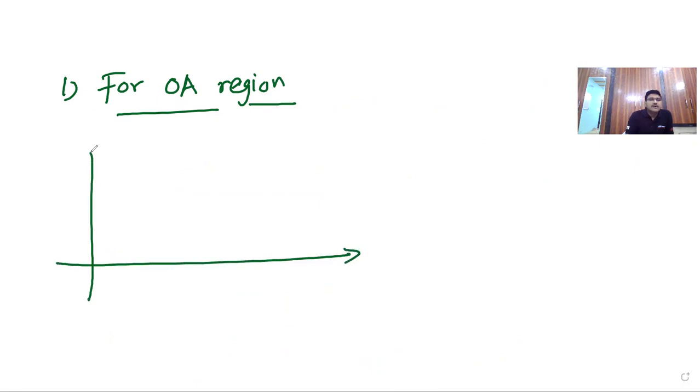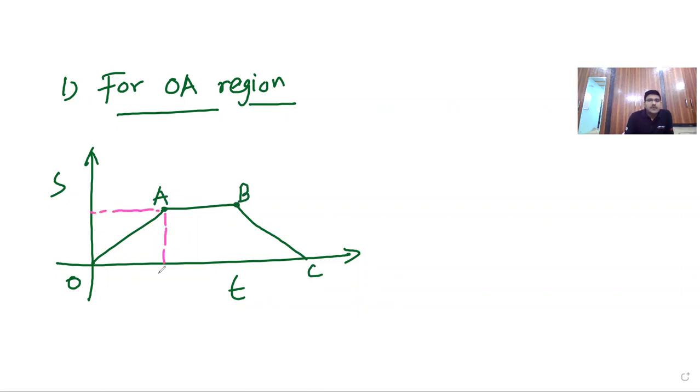This is the origin, this is OA, and this is the complete graph: OA, AB, and this is C. Now the coordinates: this is 5 seconds, this is 10.